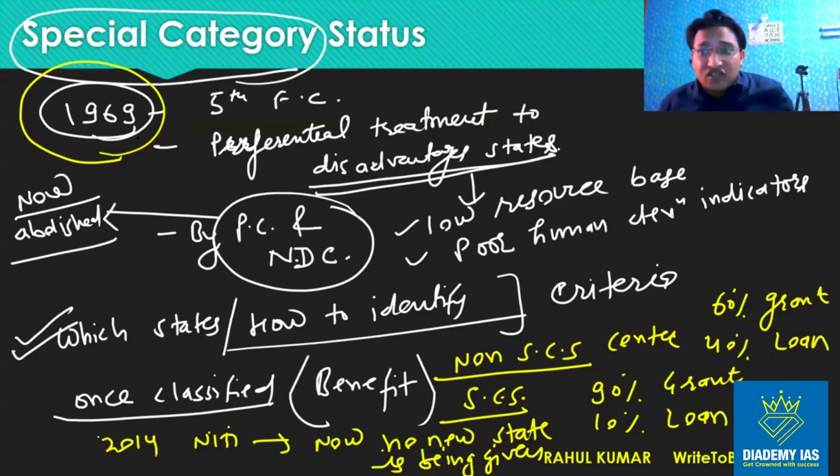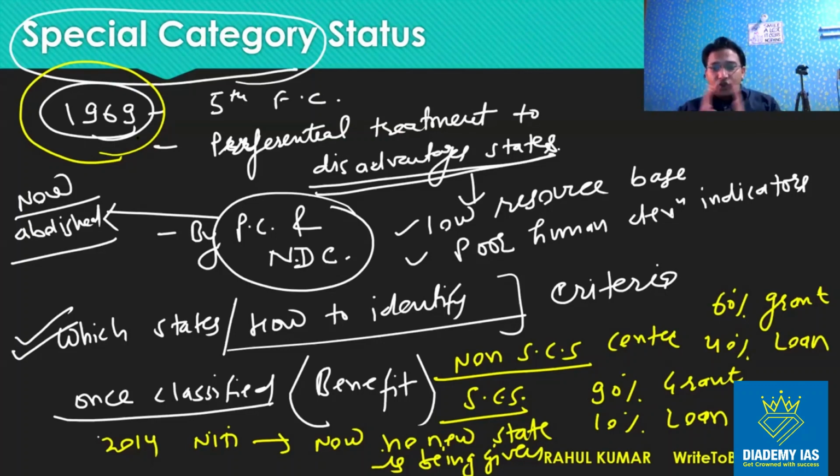We can give you a financial package considering your requirement to build a new capital and new institutions, but we cannot give you the special category status because after the 14th Finance Commission, this special category status has now been eliminated.